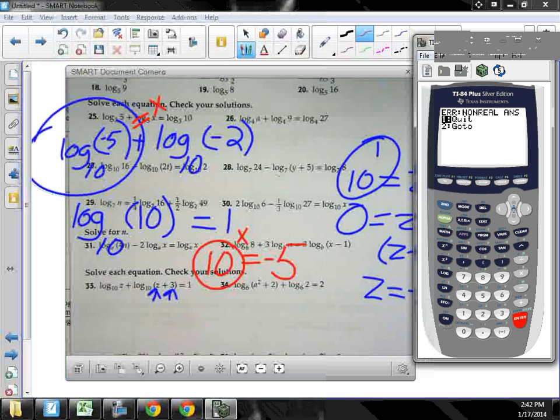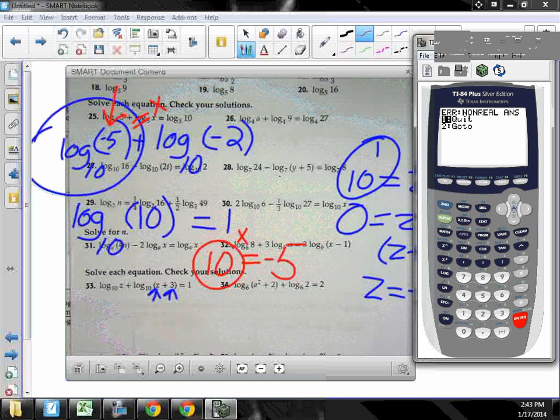We can keep dividing by 10 to make it smaller. We can keep taking square roots of it to make it smaller, but there is no way to use 10s and create a negative using only multiplication and division. So whenever you have a negative here, the logarithm ceases to work.